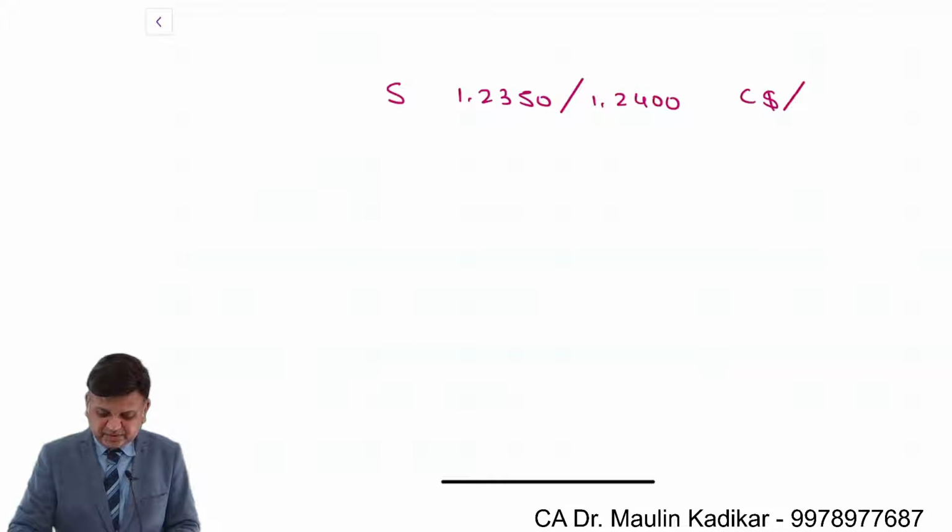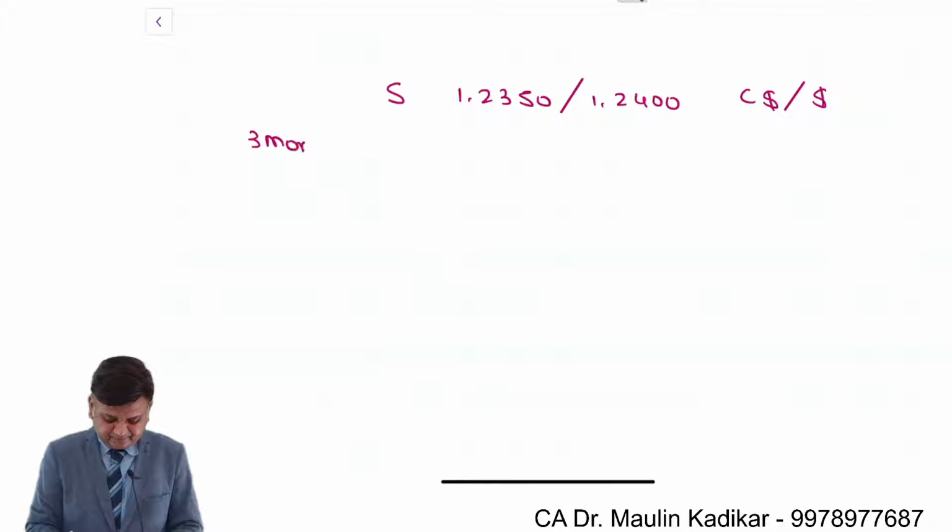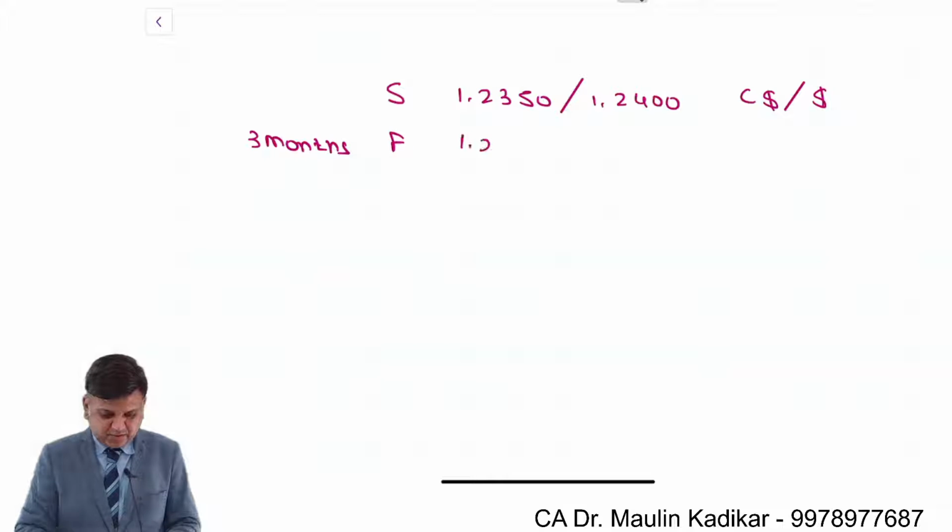This is the spot exchange rate given, and the 3 months forward exchange rate is 1.2550 slash 1.2600 Canadian dollar per dollar. That information is given to us.